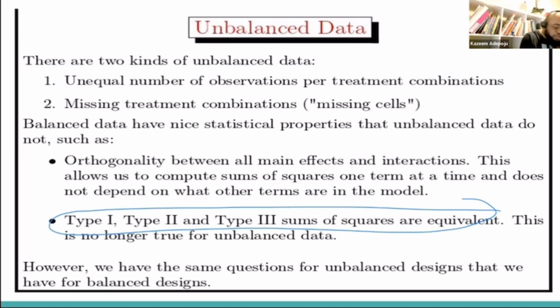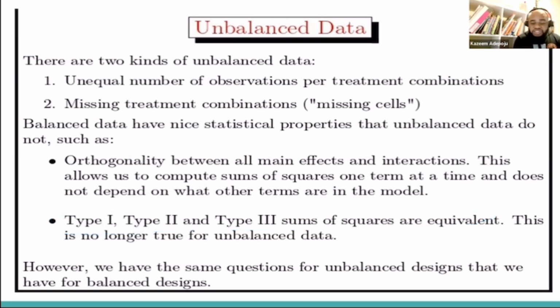But in a situation whereby your data is unbalanced, the type 1, type 2, and type 3 sums of squares will no longer be equivalent. And you may want to ask, what type of sum of squares have we used before in this course? Of course, we've been focusing on type 1 sum of squares.